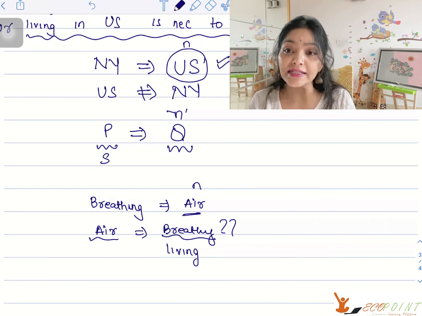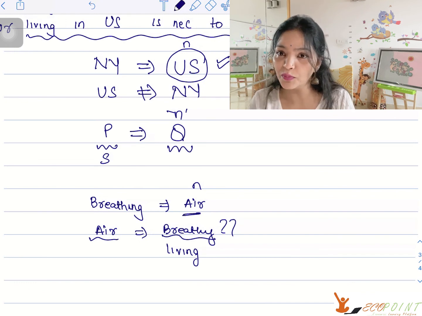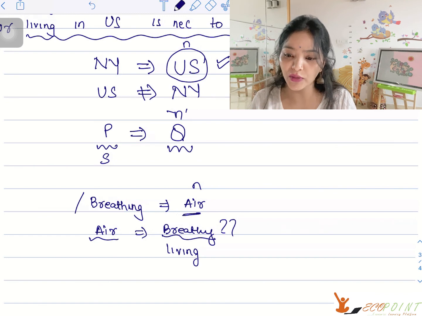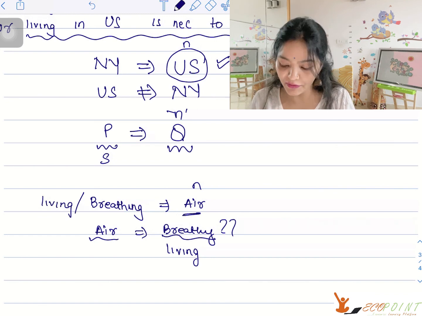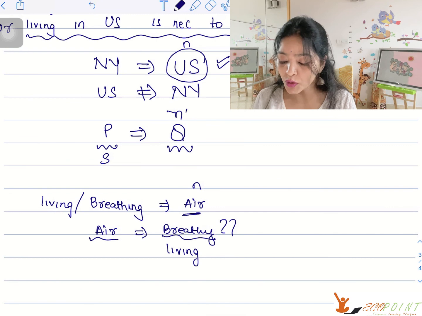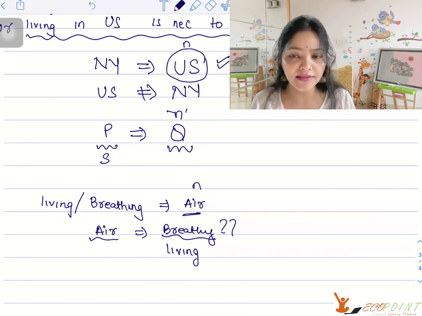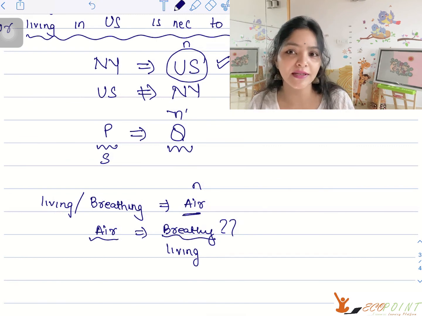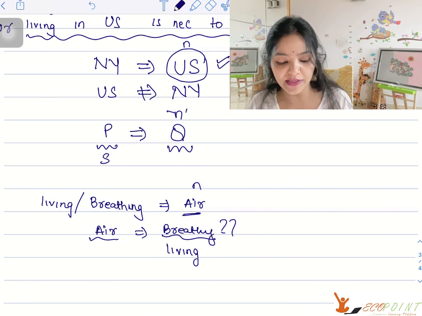So air is necessary. It is the Q part of the implication. Living or surviving implies that there is air for me to breathe. But just the existence of air would not imply that I would be surviving.